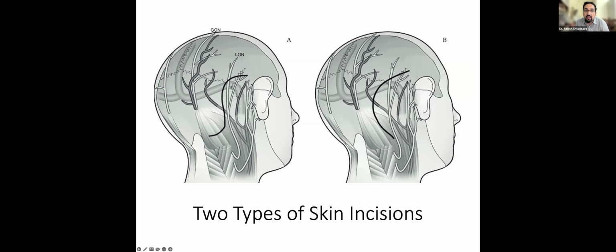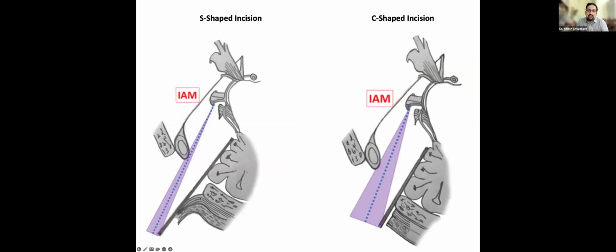The advantage of the C-shaped incision over the lazy S-shaped incision is this. Because in a C-shaped incision, the whole bulk of the skin and the muscle is reflected anteriorly, that is away from the surgeon, the depth of operating becomes less as compared to a lazy S, where equal amounts of skin and muscular heaps are created on the side of the surgeon as well as on the opposite side.